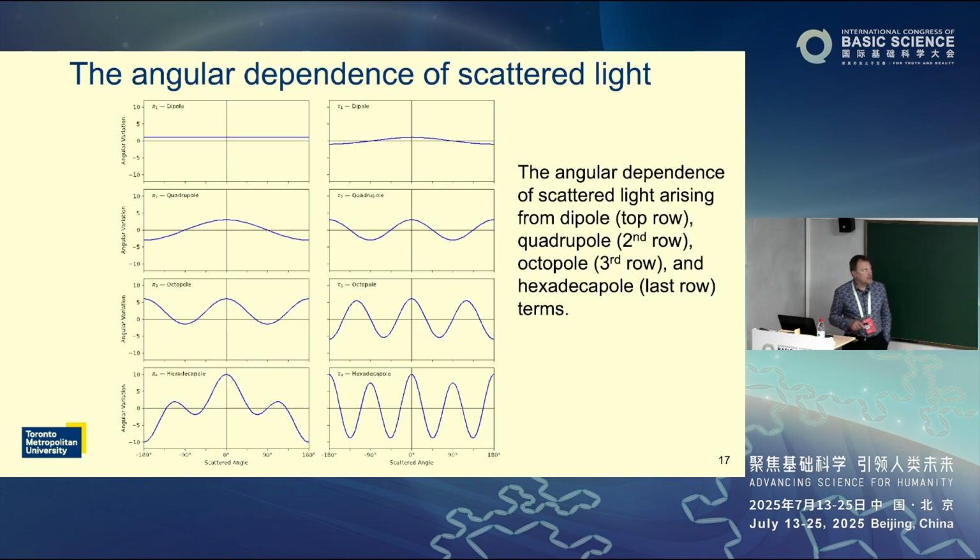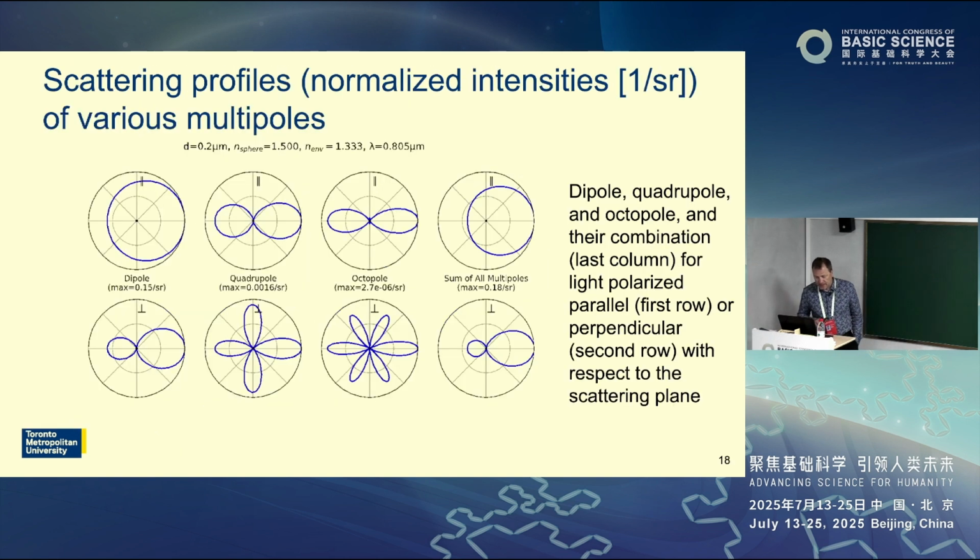And that's what we calculated working on the project, the angular dependence of scattered light, basically from dipole, quadrupole, octopole, hexadecapole, and decapole. These are scattering profiles, the normalized intensity over the solid angle of various multipoles: from dipole to quadrupole, octopole, and the sum of a few multipoles.